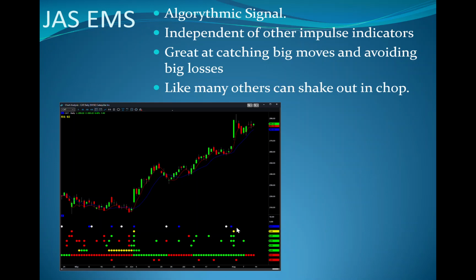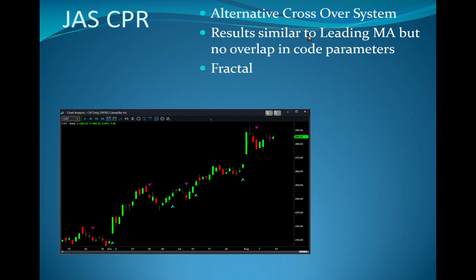So that's the EMS signal, followed by the gap, the volume, the breakout, the momentum, and the squeeze, and then the Wilder PSAR, which is a standard, and then the green candle low and red candle highs. The CPR is a new one that I've introduced into TradingView and TradeStation. This is another type of a crossover system.